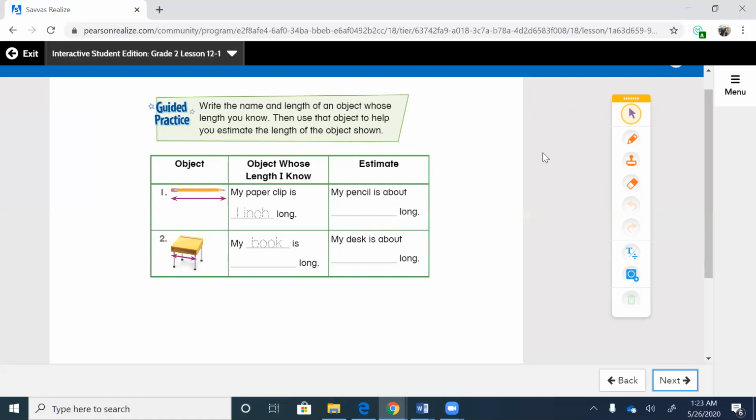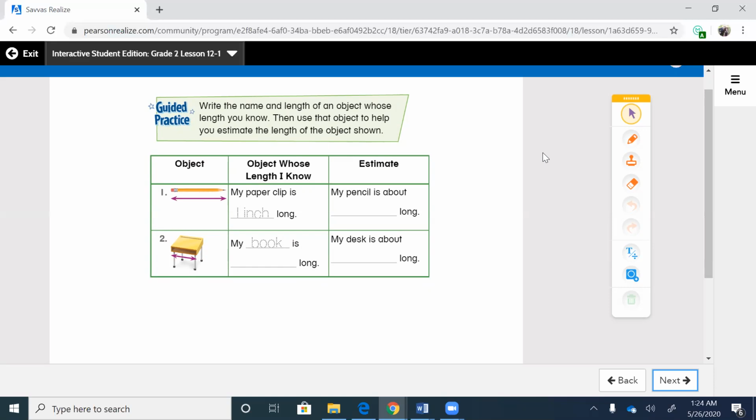So unfortunately, we're not in class, which makes this a lot harder, but I want you to imagine, or maybe at home you have paper clips. You would take a pencil and you would measure from one end to the other to see how long the pencil is. So I'm going to estimate. And that's what we're supposed to do anyway, is estimate. But if we were in the classroom, I'd have you estimate and then measure it, and we'd be having so much fun.